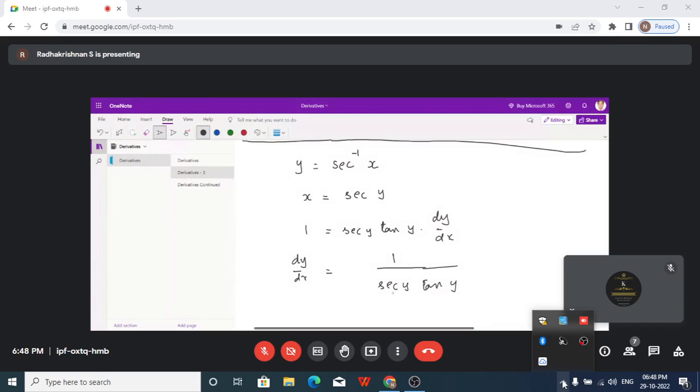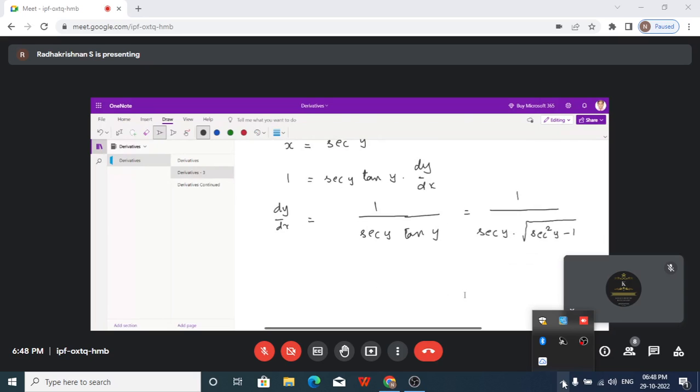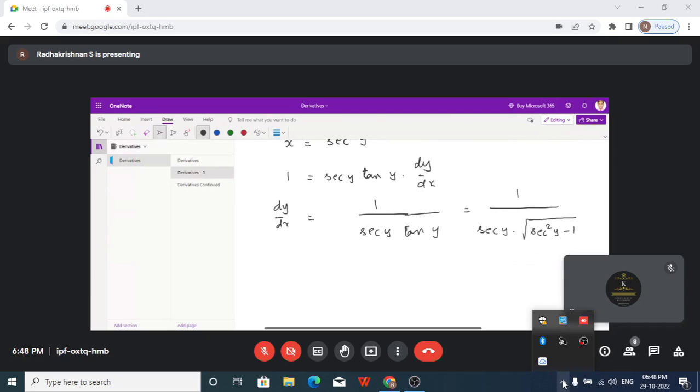The tan y can be written as root of secant square y minus 1. Okay. Secant square y minus 1 equal to tan square y. That means this is 1 by x into root of x square minus 1.